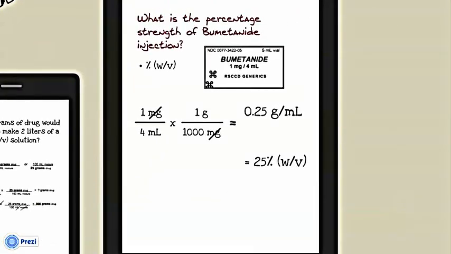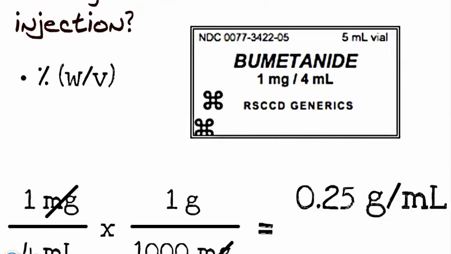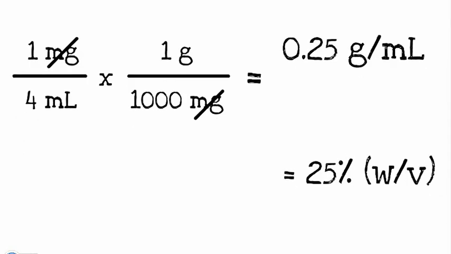Our second example is: what is the percentage strength of bumetanide injection? This is a percentage weight by volume problem. In the label, you see that for every 1 milligram of drug, there are 4 milliliters of solution. Using this ratio, since it is in milligrams, you would have to convert it to grams because the units for percentage are grams and milliliters.